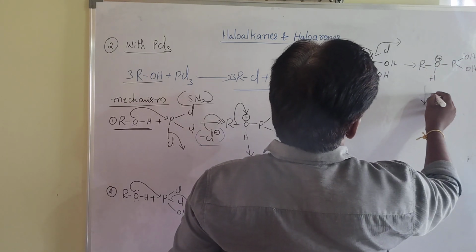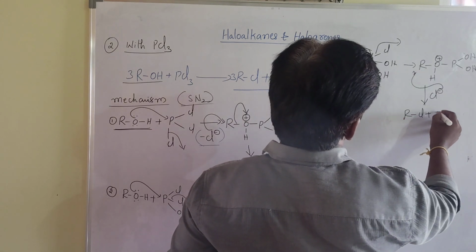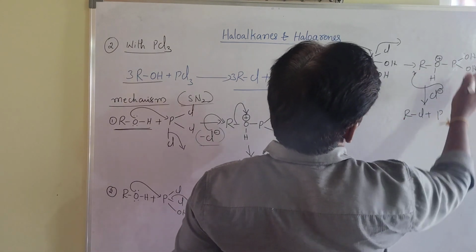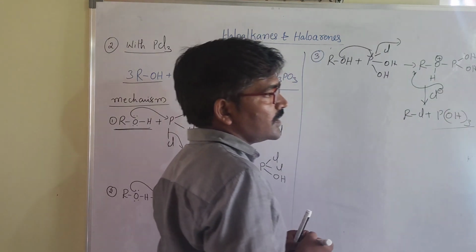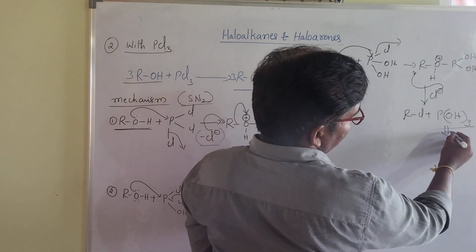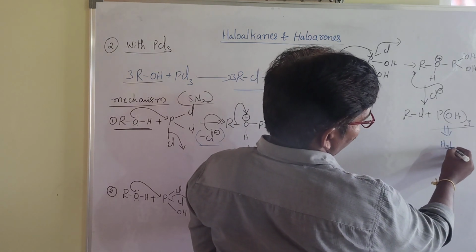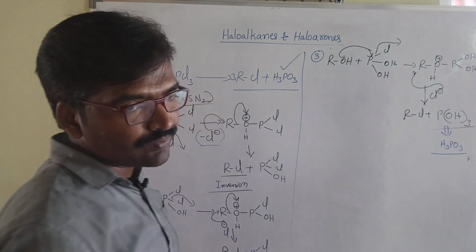So this Cl minus again attacks as a nucleophile. Then R-Cl, then P(OH)(OH)(OH). How many OHs? Thrice. So this P(OH) taken thrice is what we call H3PO3. H3PO3 acts as a byproduct in it.